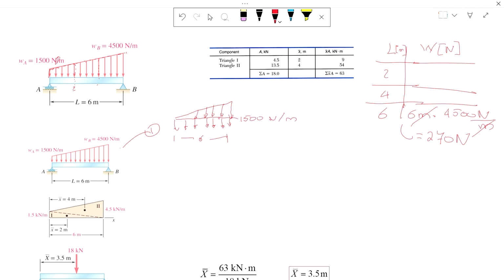That's 1,500 newtons per meter, distributed along this beam. And then here it's only 1,500, obviously, which is what I was going to do with the table.